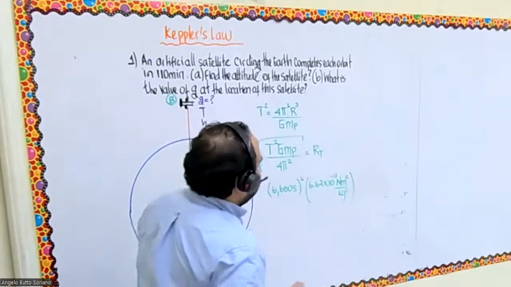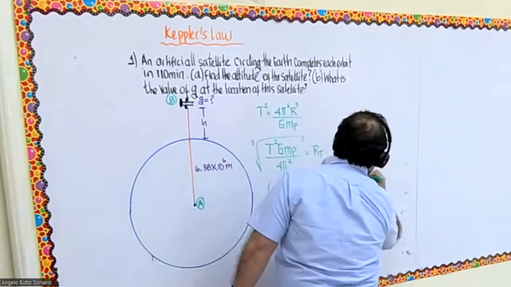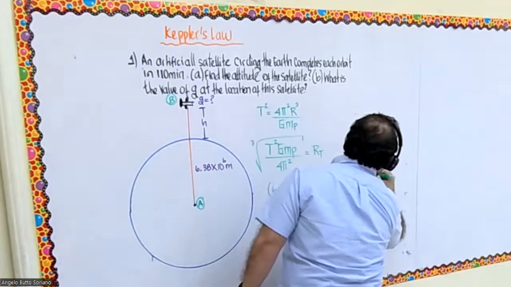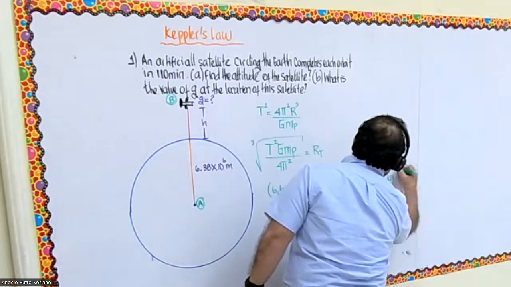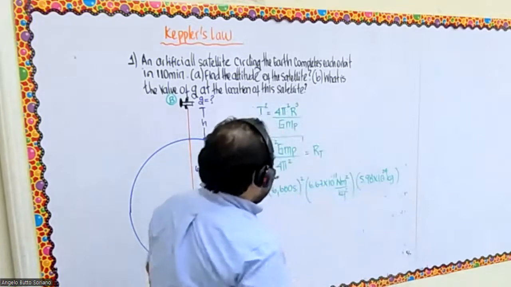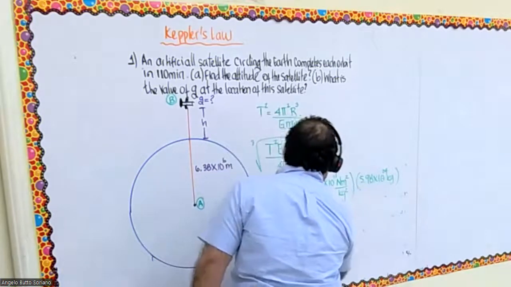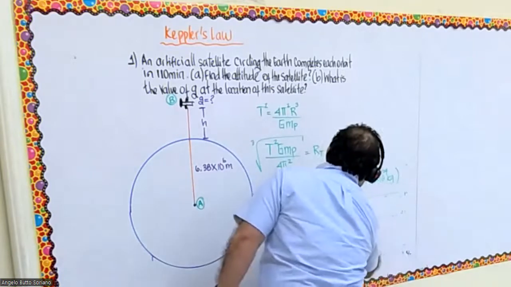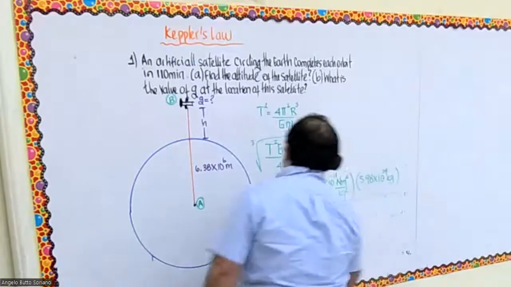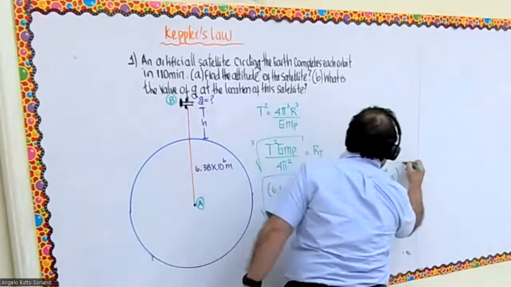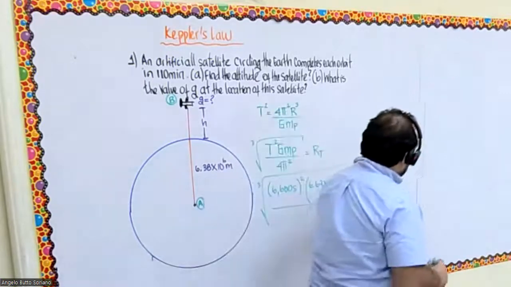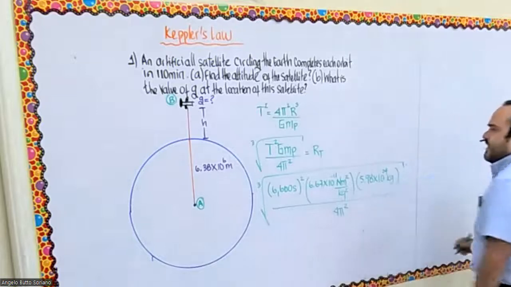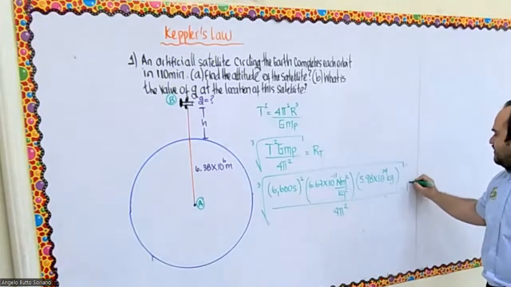And the mass of the planet Earth, remember, is 5.98 times 10 to the 24 kilograms. This expression is divided by 4 pi squared, taking the cubic root, and this is going to be the value of the radius.